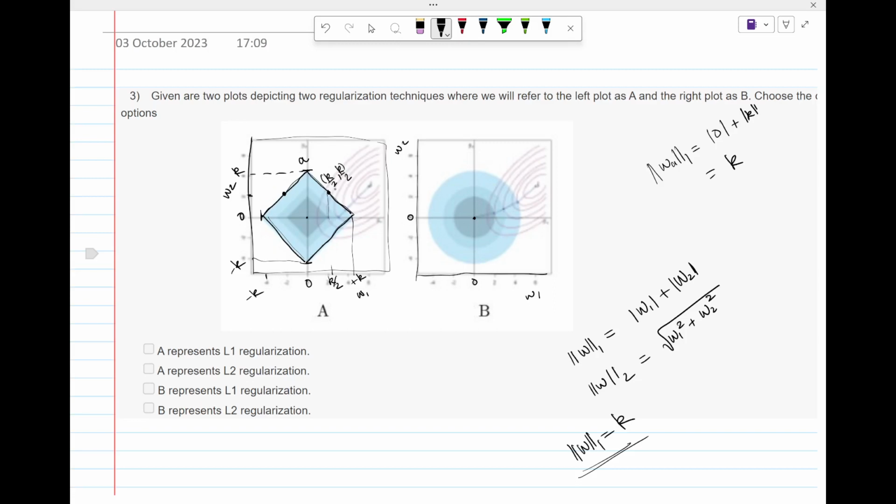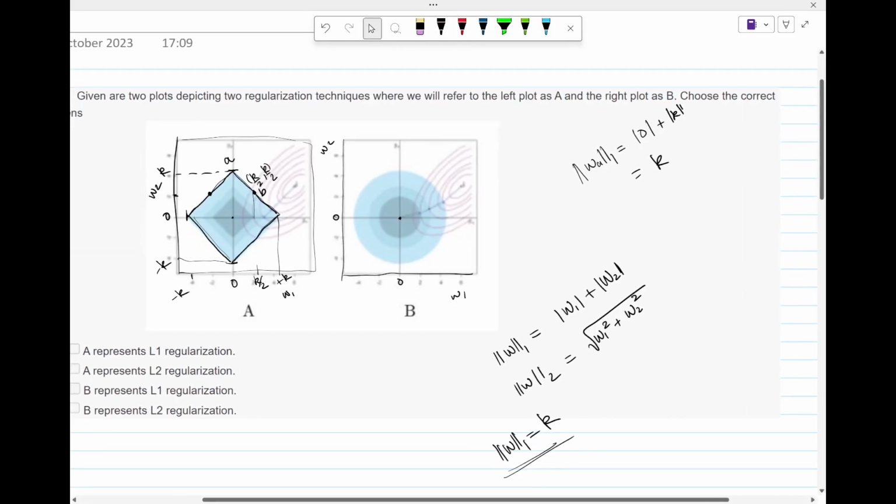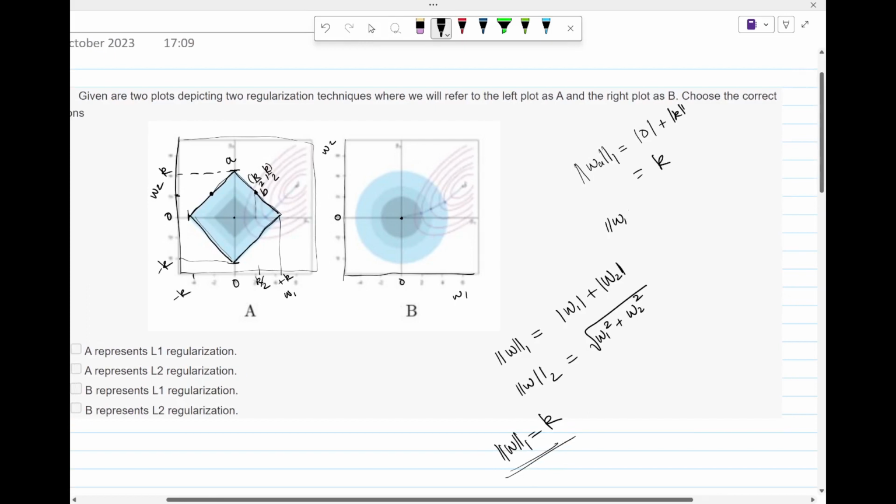So if you take the L1 norm of this point B, you will get K by 2 plus K by 2, which is equal to K.